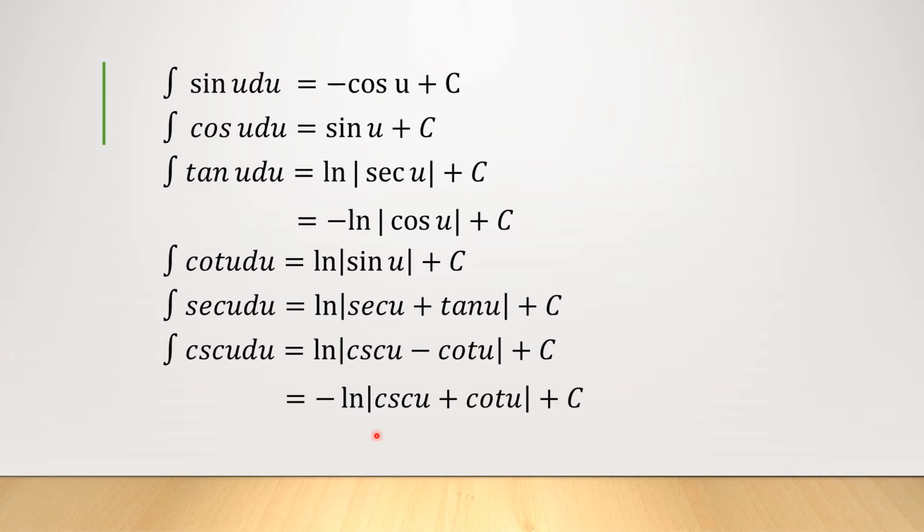Each of these formulas can be verified by getting the derivative or the differential of the right side. Let us say we derive the integral of secant u du equal to ln of the absolute value of secant u plus tangent u. So we verify the formula.